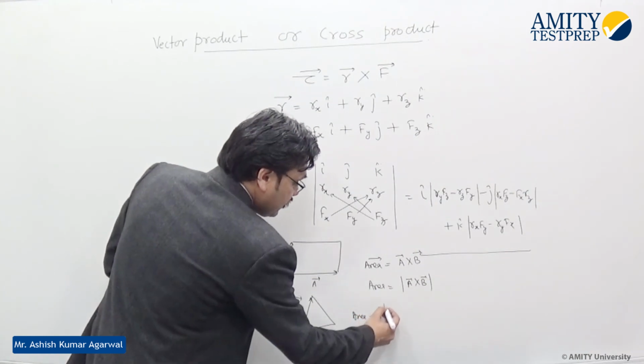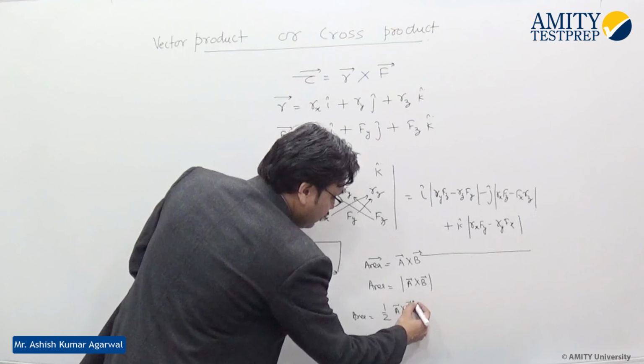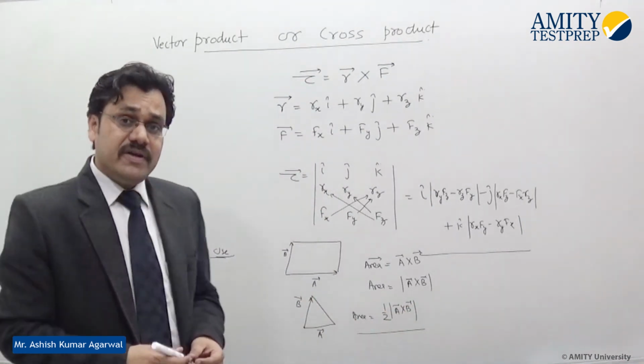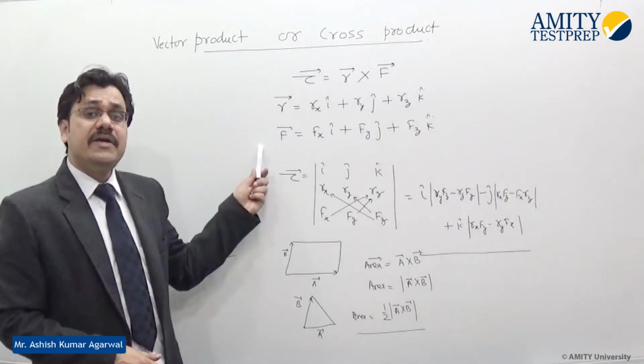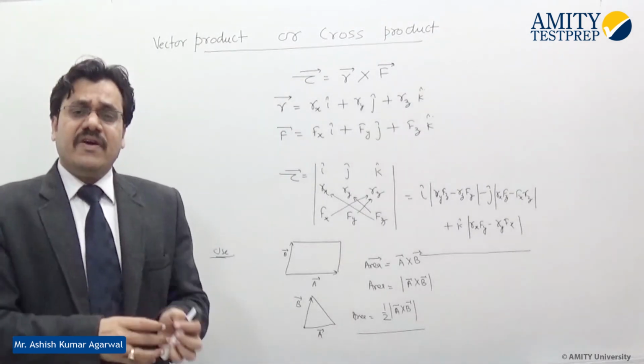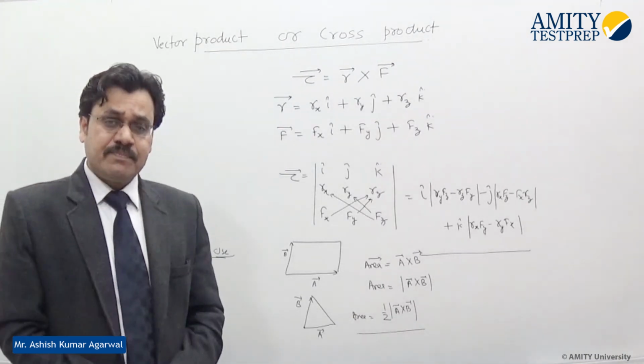Again, it is half of the magnitude of A cross B. And how can you find A cross B, which is already mentioned here? So by this way, you can find the cross product of two vector quantities. Thank you.